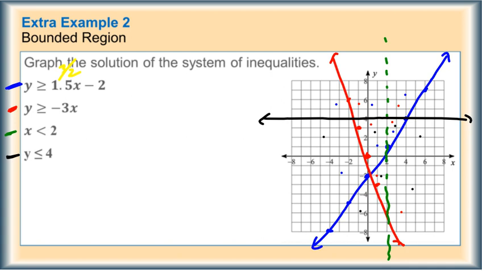And the green, it has to be less than the green, so underneath, to the left of green. The only one that has all 4 colors would be this section here.